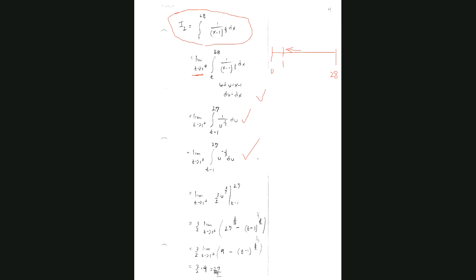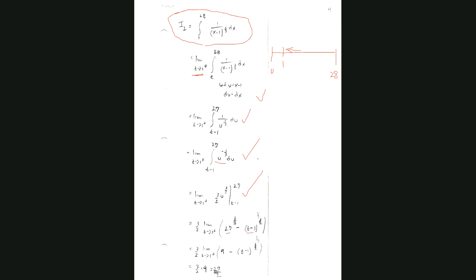Okay, and so the antiderivative of u to the negative 1/3 is the same as it was before, 3/2 times u to the 2/3. And now we substitute in 27 and t minus 1 for u.